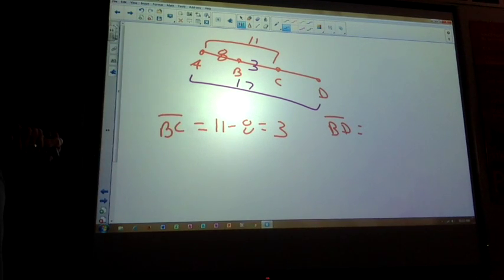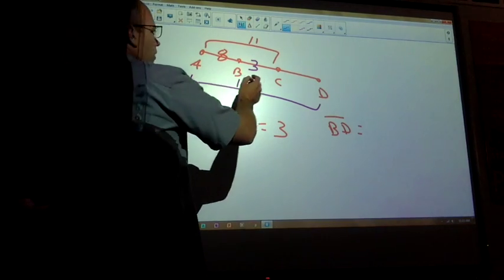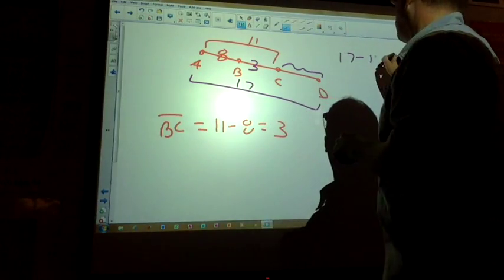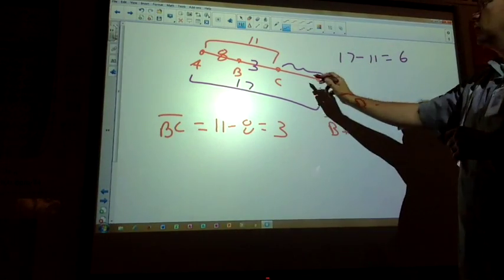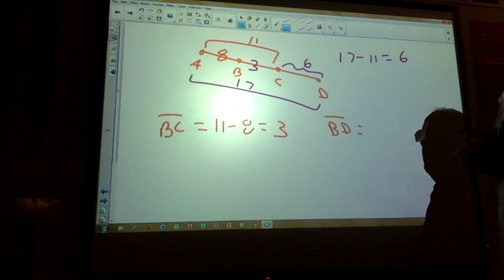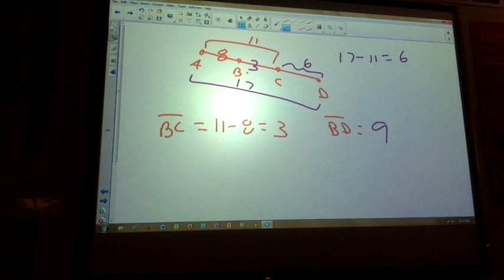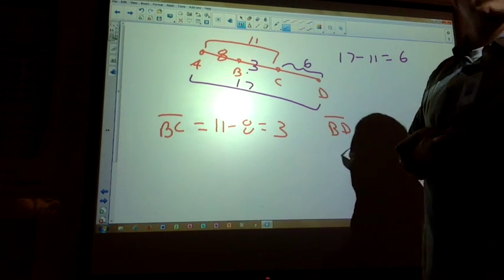So if they want us to do B to D, let's figure out what this is. I'm going to take the whole minus the part, so I get 6. So this is going to be 6 now. And then from B to D is going to be the 3 and the 6, which will give you the 9. Are we all right?